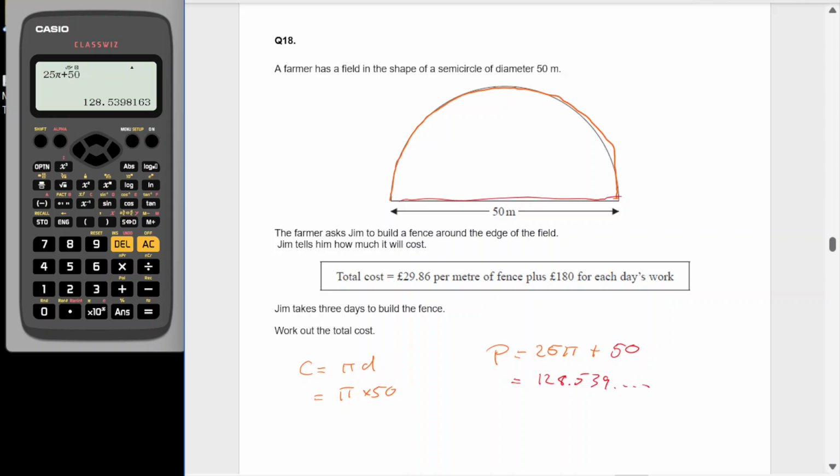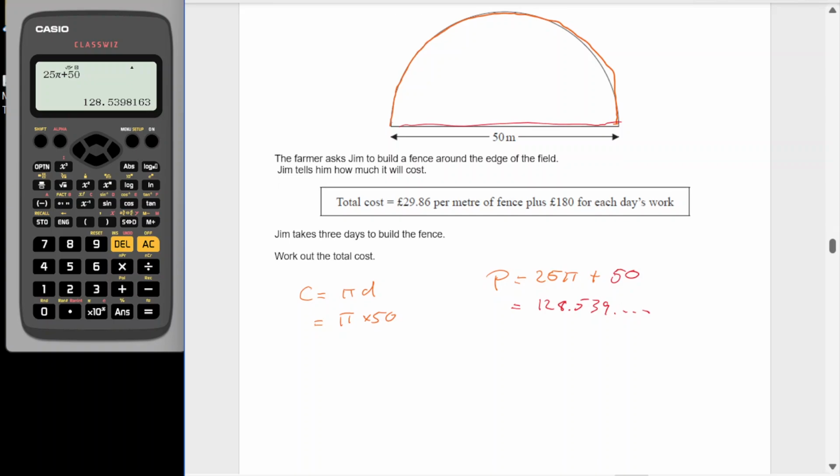So the total perimeter of that shape is going to be 128.539... So the total cost is going to be equal to the perimeter times by 39.86 plus 3 times by 180, which is the price per day, 3 days.